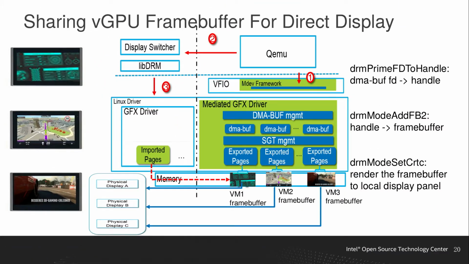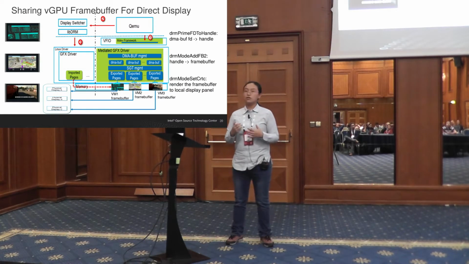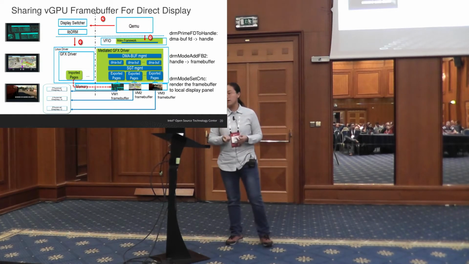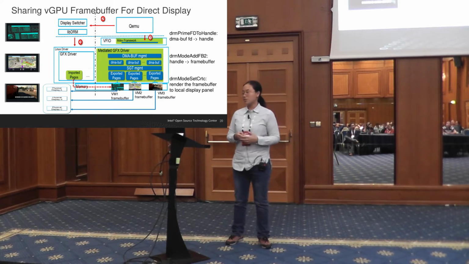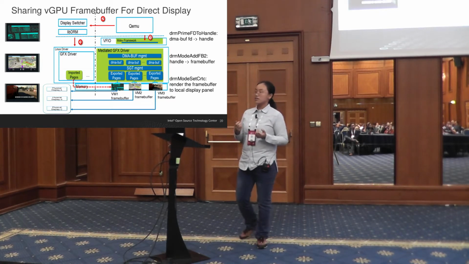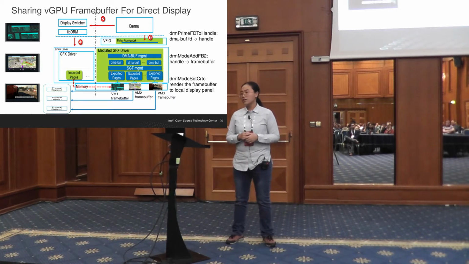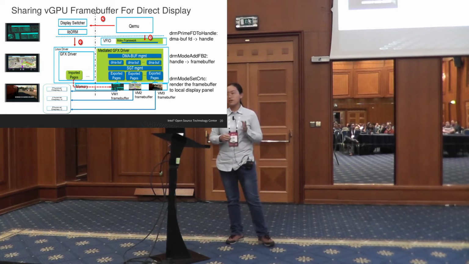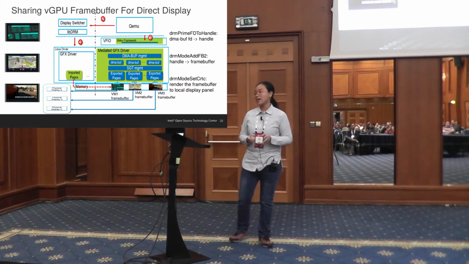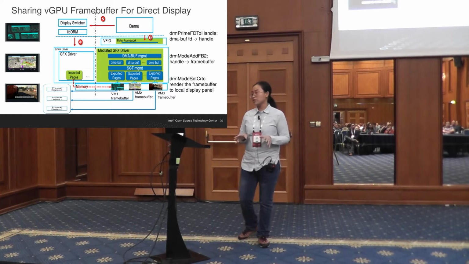For the automotive scenario, similarly, Qemu can get the DMABuf file descriptor with the help of this mechanism and pass it to a display switcher. A display switcher is actually a user space application, which can use the libdrm KMS APIs to directly control the local display panels.